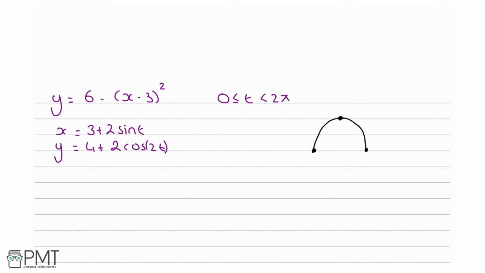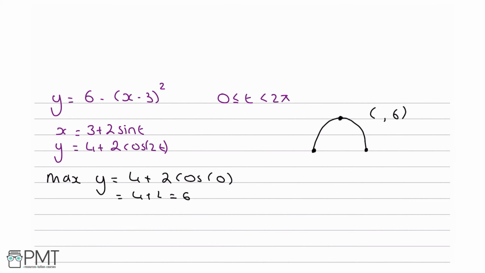To get the maximum value of y, we need cosine to be at a value of 1, so we need 2t to equal 0, or t to equal 0. So max y equals 4 plus 2 times cosine of 0, which equals 4 plus 2, which equals 6. So we know our turning point is going to be something, comma, 6.